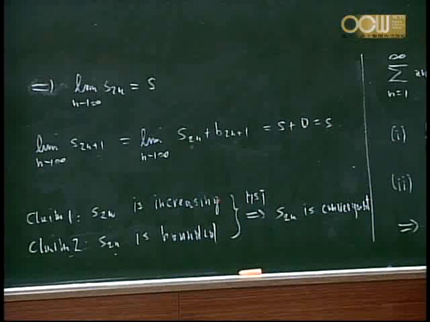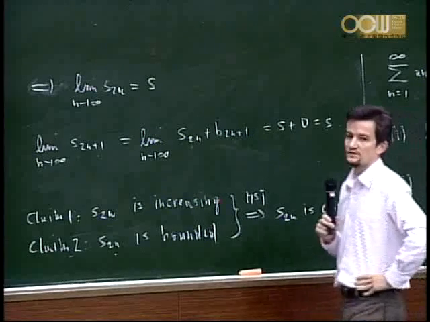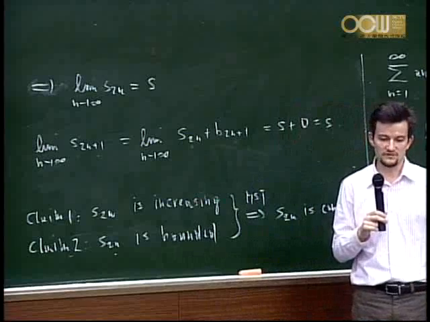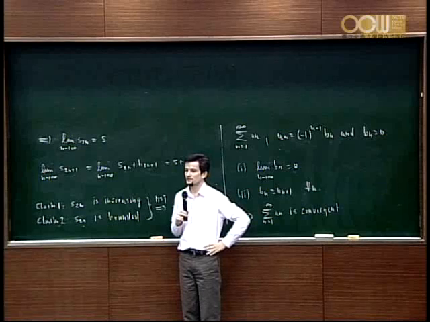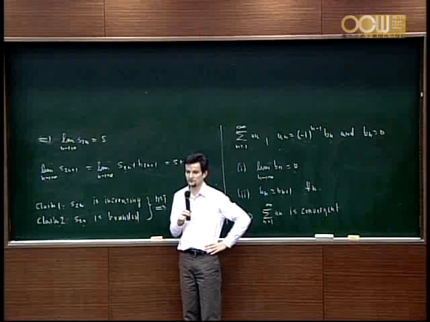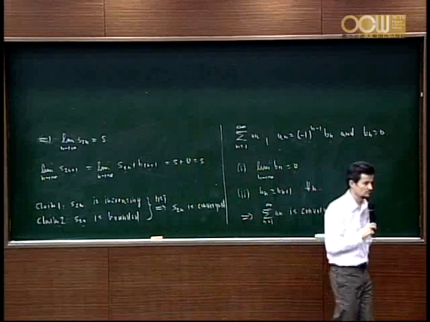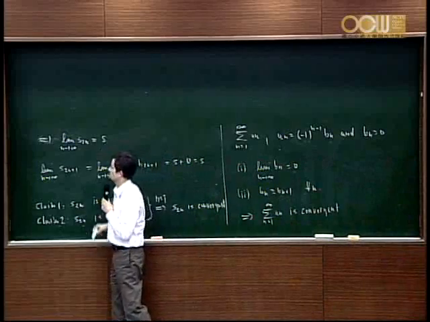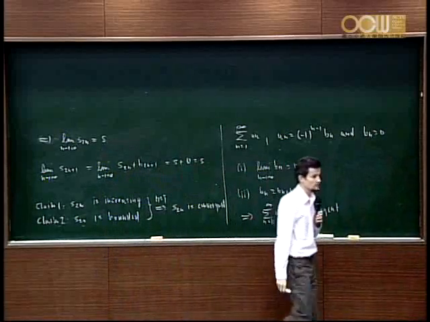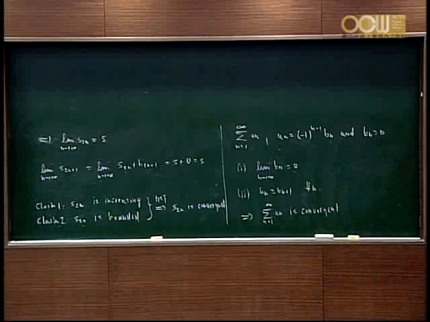It's an exercise in our textbook to prove that if you look at the subsequence with just the even index and it is convergent, and the subsequence with just the odd index is convergent as well, and both converge to the same limit, then the original sequence is convergent and converges also to the same limit. So from this, you can conclude that the sequence Sn is convergent and converges to S as well. And this actually finishes the proof of our result.